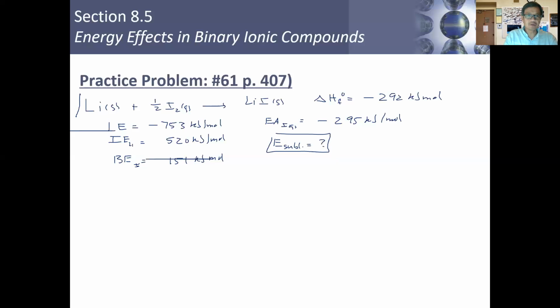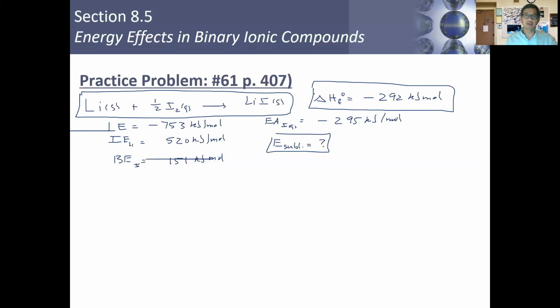This is the equation that we were dealing with. That's the reaction we are looking at, the formation of lithium iodide. This is the enthalpy of formation, the delta H of formation for this reaction. To use the Born-Haber cycle, I would suggest that you just write it out the way we did when we were calculating the enthalpy of reaction.